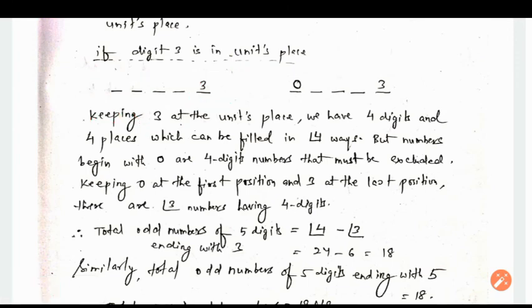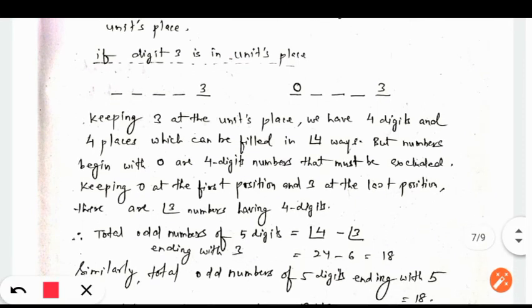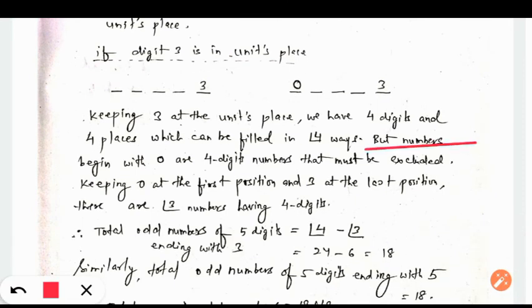In such a case, those numbers are not 5 digit numbers; they will become 4 digit numbers. Numbers that begin with 0 must be excluded. Now we are required to find how many among the 4 factorial numbers have 4 digits.